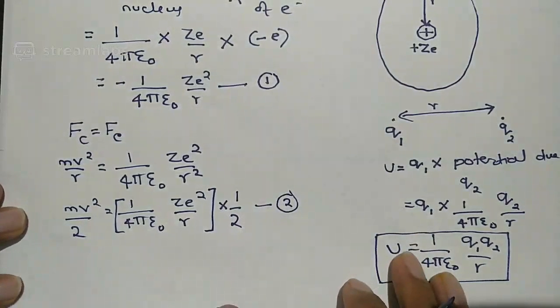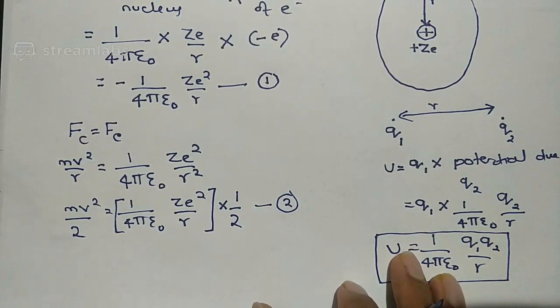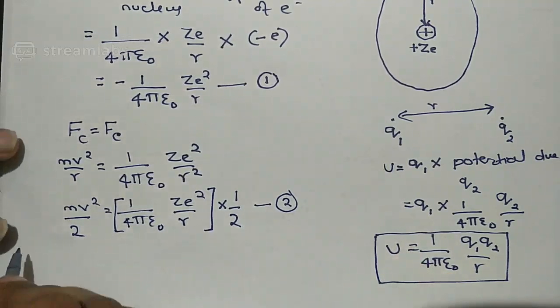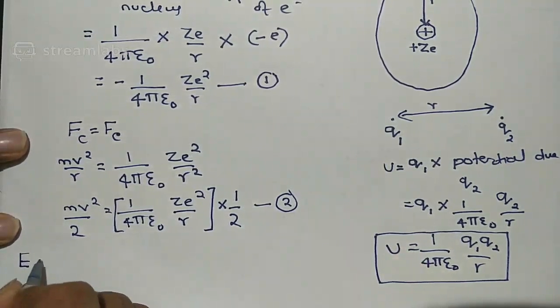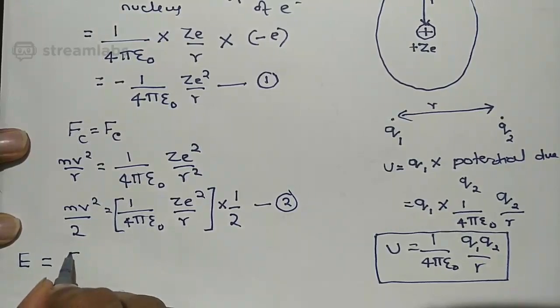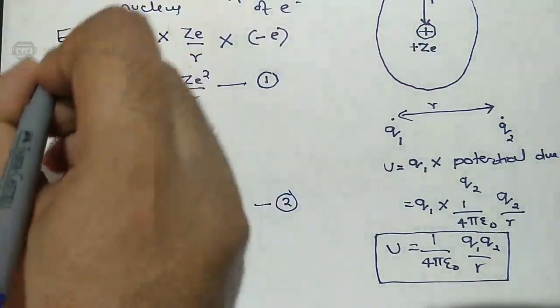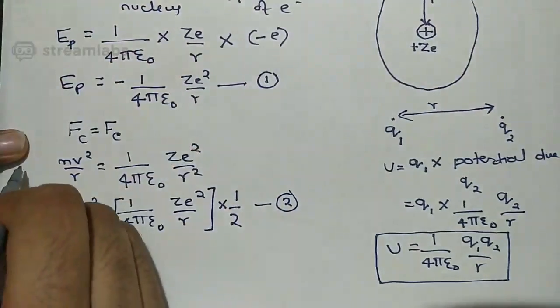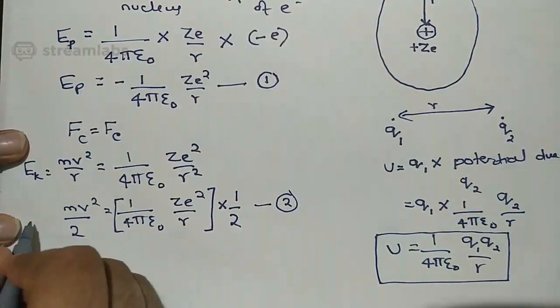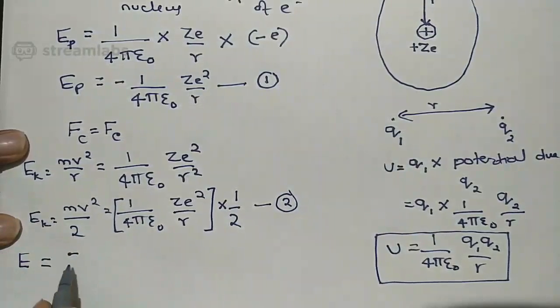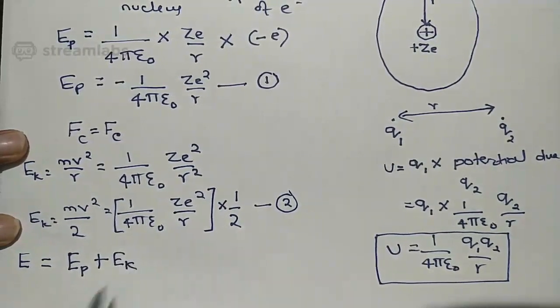So you got the expression for kinetic energy and the expression for potential energy. What is the total energy? It is very simple. Total energy is potential energy, notation EP, plus kinetic energy, EK. So what is the answer we will get?